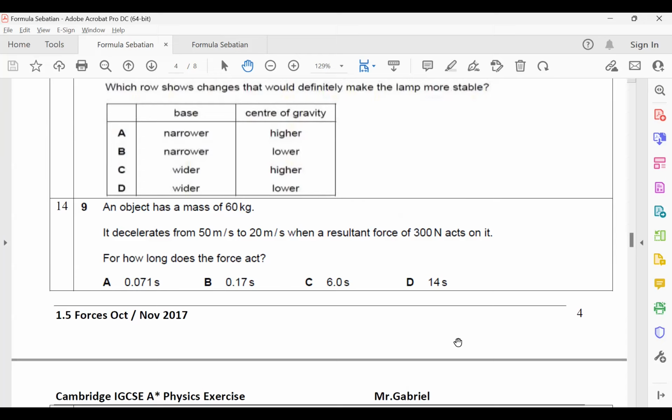So if you look at this question here, a uniform beam XY is 100 cm long and weighs 4 newtons. If it weighs 4 newtons, where should these 4 newtons be acting? The center, right? Because weight acts at the center of mass.